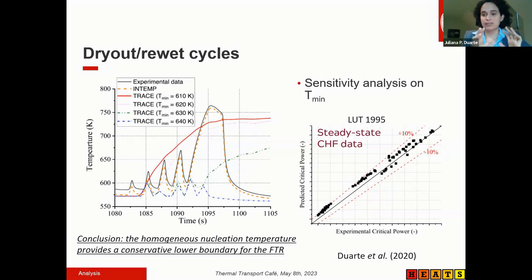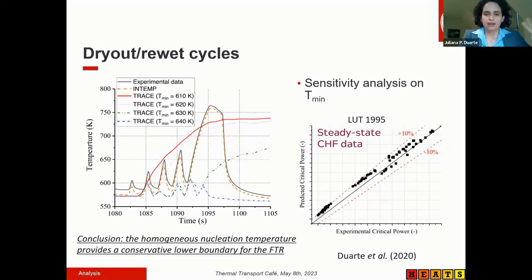But if you're only predicting the total power of the bundle at which critical heat flux occurs, the lookup table predicts very well, within plus or minus 10%. So this sensitivity analysis here was only to show the minimum film boiling temperature effect on this phenomenon.